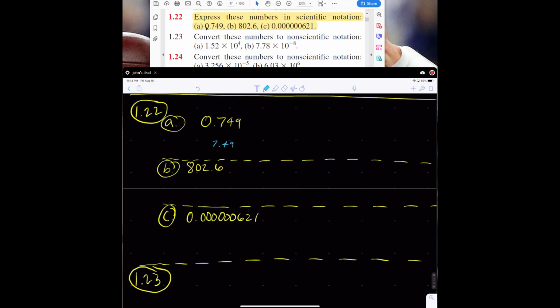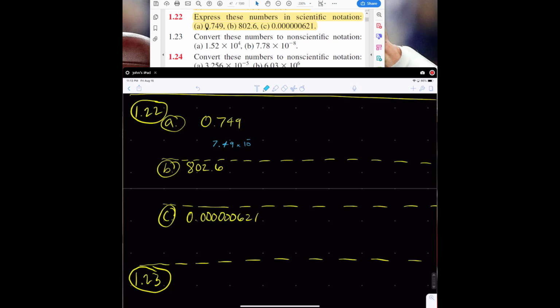to get n, they're saying n is a negative integer. The number that we were working with is smaller than 1, which is absolutely correct. So they're stating right off the bat that n will be negative. So what will our exponent be?